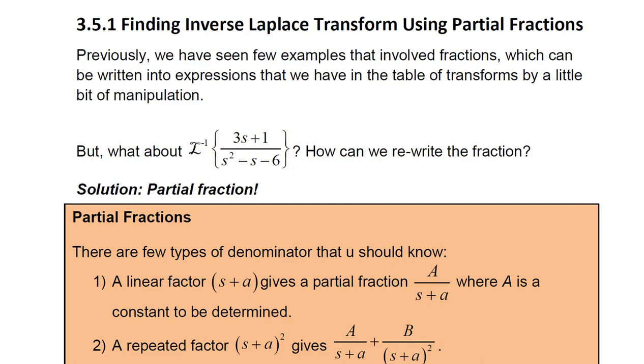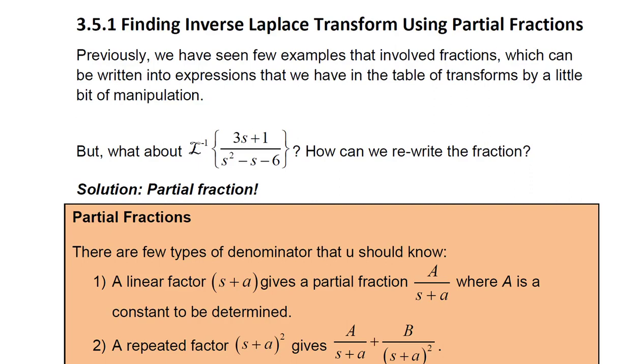When you look at capital F(s), if the function is not included in the table of Laplace transform, you can remember two things. The first is you try to factorize the denominator and then use partial fraction.